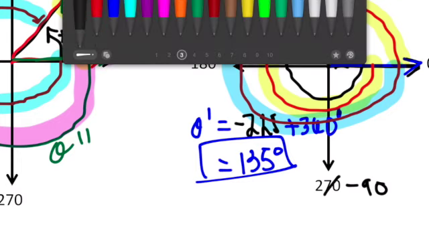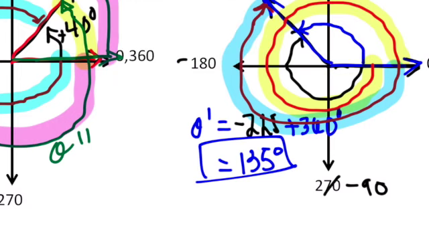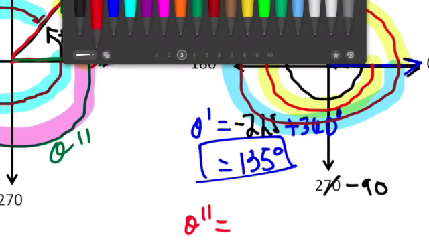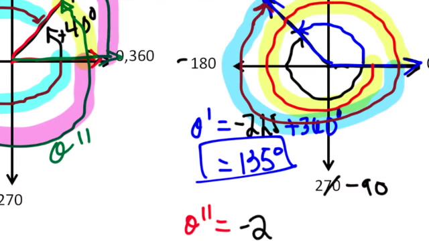So theta double prime is equal to that negative 225, and then since I'm going in the negative direction, minus 360 degrees. And now that's going to give me negative 585.